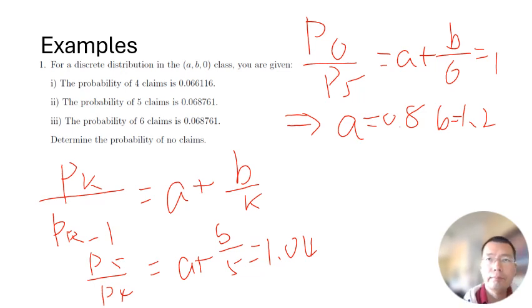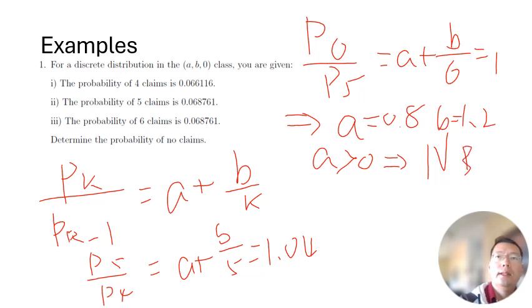Because a is greater than 0, we can tell this is a negative binomial.